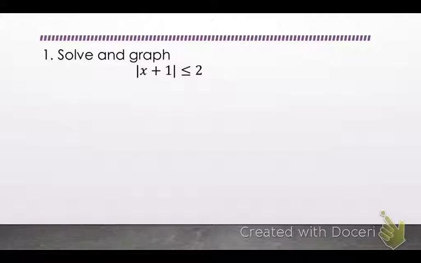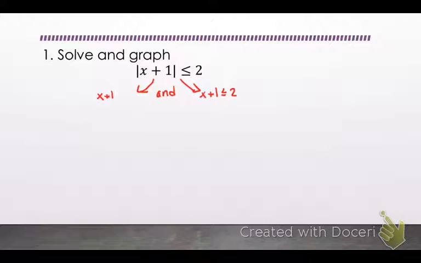So, first step is isolate the absolute value expression. It is isolated, so I'm going to split this using the word and, because it is less than or equal to. One of my inequalities is exactly as I see it. The other one, we do two things.